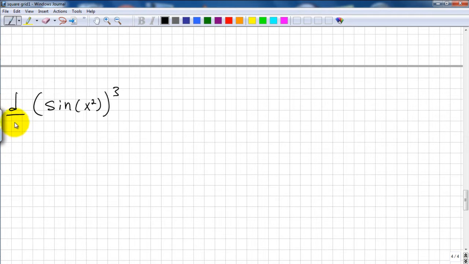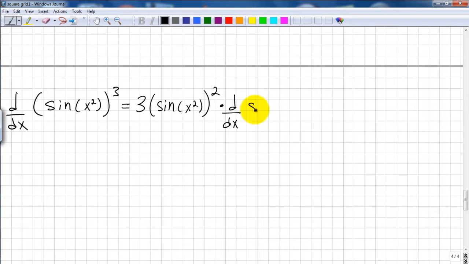So we would handle this in sort of layers. So the derivative of the outside times the derivative of the inside.